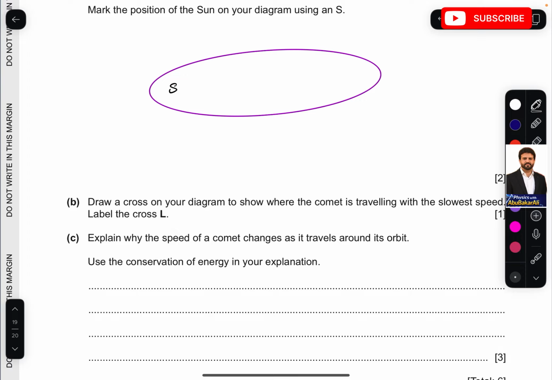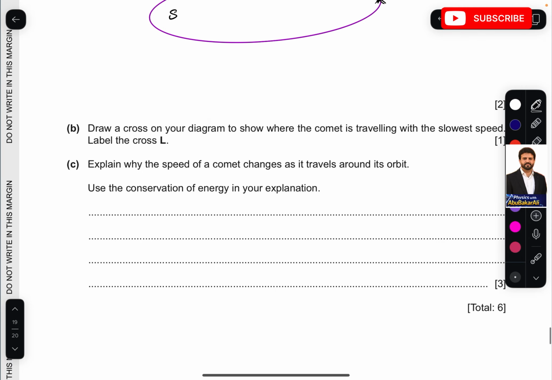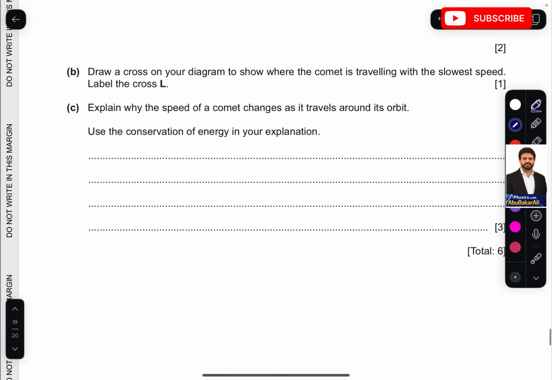In part B, draw a cross on your diagram to show where the comet is traveling with the slowest speed. Label the point N. A comet will be slowest at the highest distance, when it is far away from the sun. Why? At that point, it has the maximum GPE and least kinetic energy, so its speed will be less. Explain why the speed of the comet changes as it travels. Okay, then you have to explain it, and explain why, use the conservation of energy. So how can I say it: when the comet moves close to the sun, its gravitational potential energy decreases.